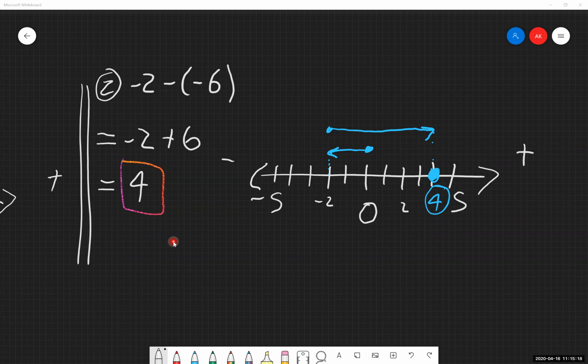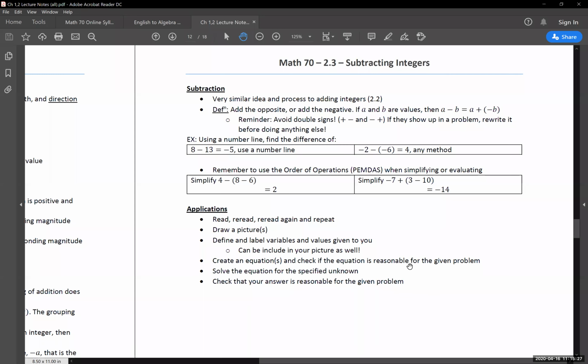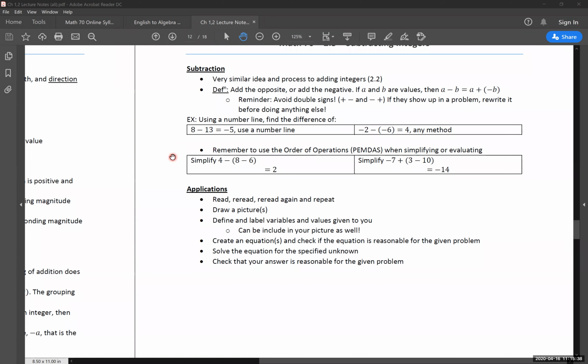So we're going to jump back to the notes really quick. So we just worked with using the number lines with the subtraction process. And now we'll bring in a little bit more.